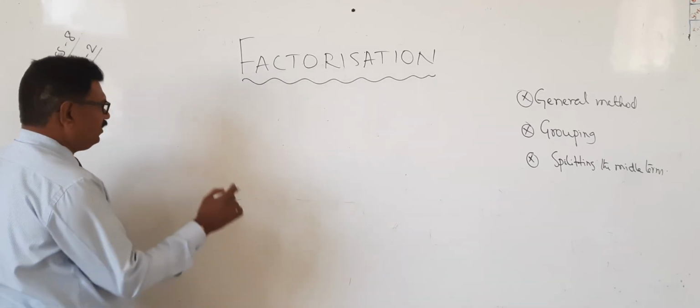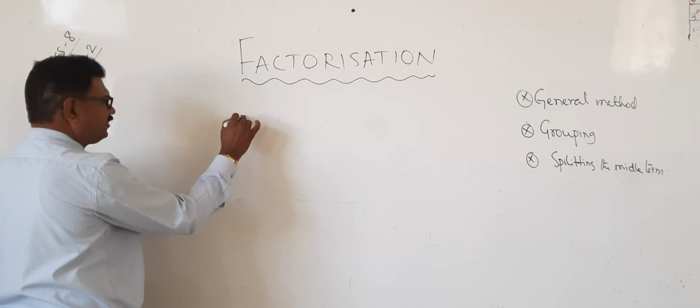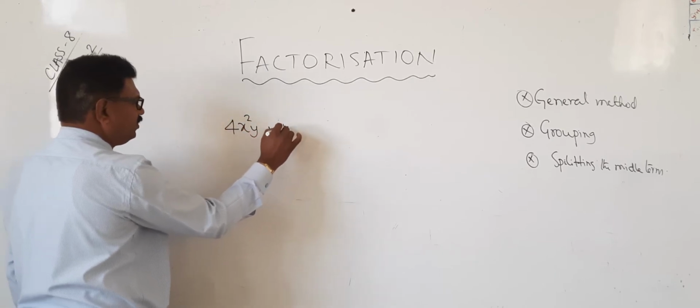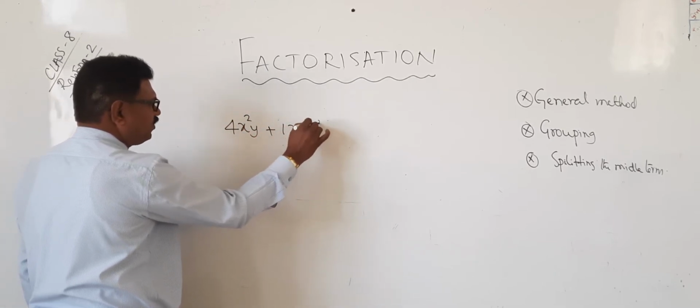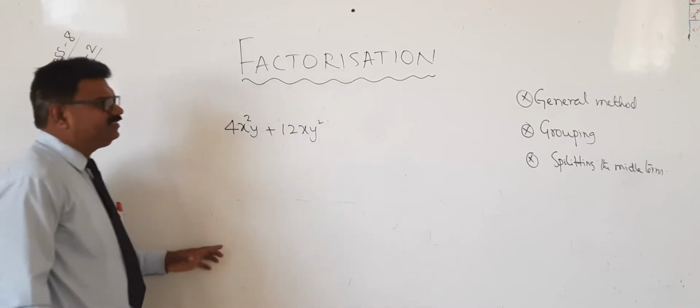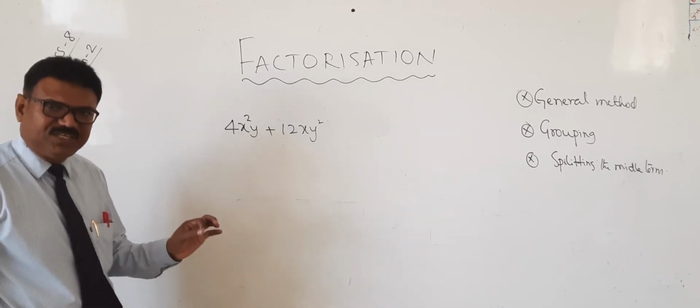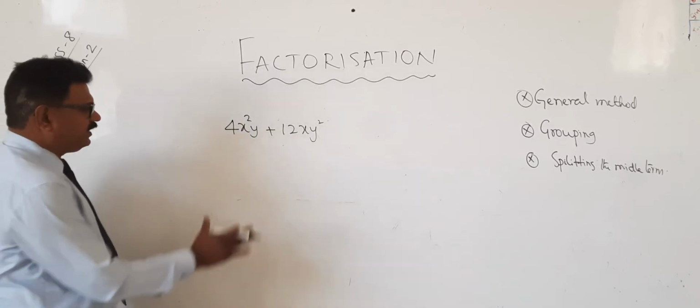Now, very simple. First one, general method. General method means like this: 4x square y plus 12x y square. So, general method means we should take HCF. HCF means highest common factor.